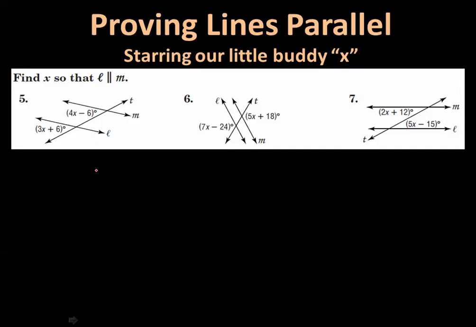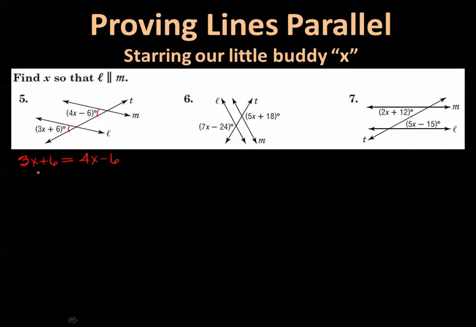All right, proving lines parallel. Now when you're going to prove them parallel, that means that you're going to prove that those angles are congruent, and if they're congruent, it'll prove that L is parallel to M. So remember, these are corresponding angles, which means they should be congruent. So what we're going to do is say that 3x plus 6 is equal to 4x minus 6.